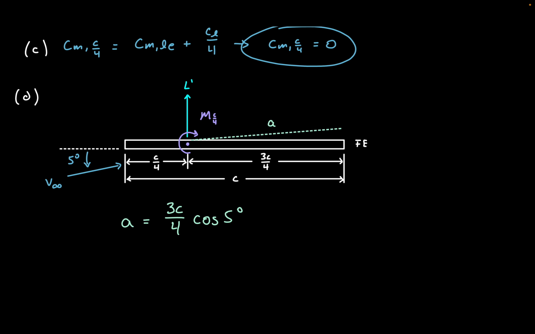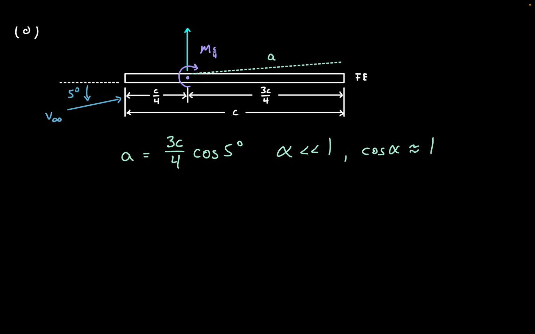Now, for thin airfoils, we actually assume that alpha is significantly less than 1, such that cosine of alpha is approximately equal to 1. So with this in mind, we can write that our moment arm A is equal to 3c divided by 4. Now we can keep on solving the problem.